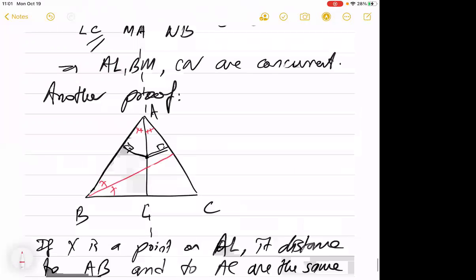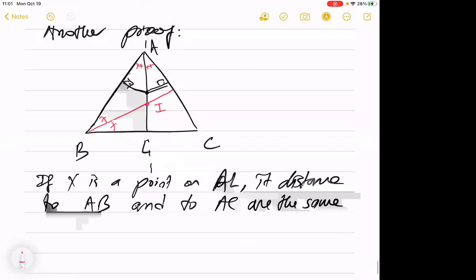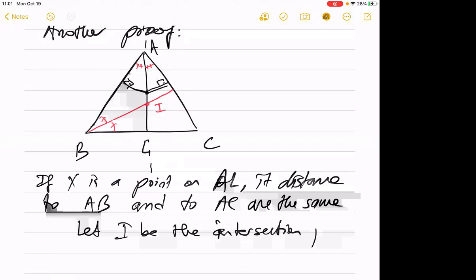I guess we have a special name for it. Let's call it I, the intersection point of the angle bisectors AL and BM.